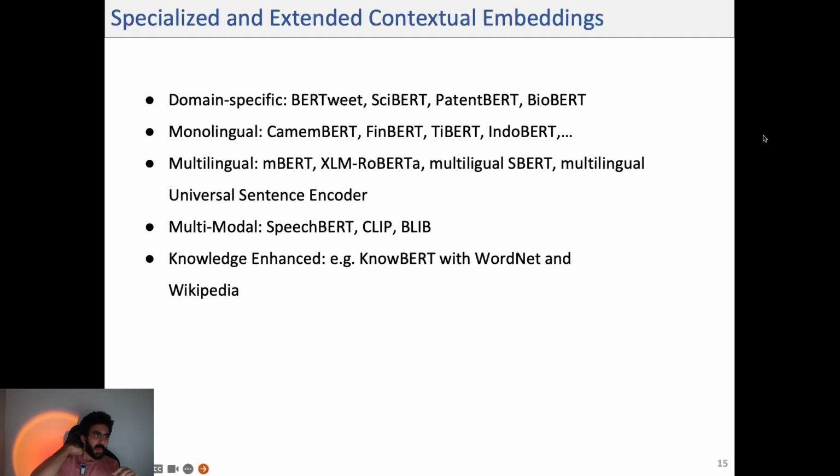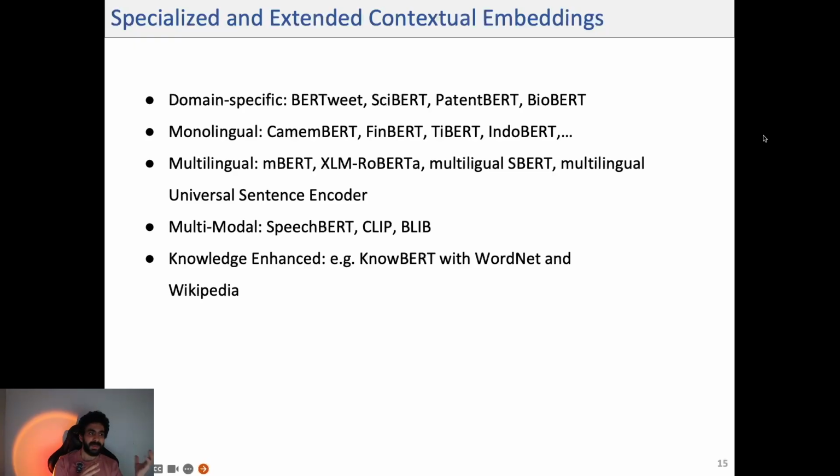So far, we've talked about general-purpose models like BERT, but in practice, sometimes we want models that are more specialized. Let's take a look at a few directions where contextual embeddings have been extended or fine-tuned. Domain-specific models like BERTweet for Twitter, SciBERT for scientific texts, PatentBERT, or BioBERT for medical papers.